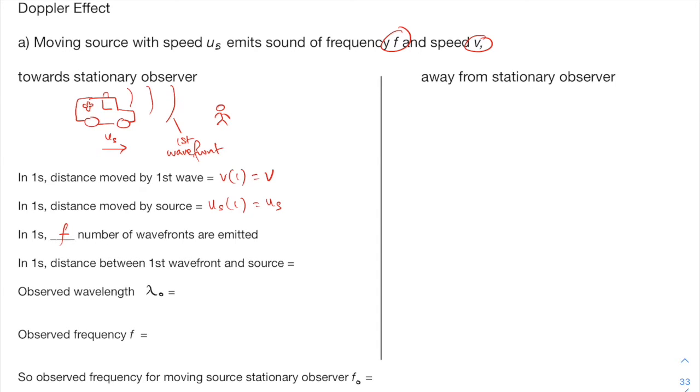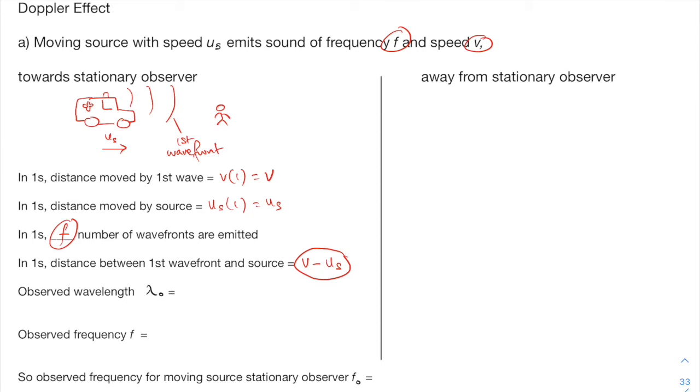And in 1 second, the distance between the first wavefront and the source: imagine the first wavefront is moving ahead, and the source, the ambulance in this case, is moving right behind. So the distance between the first wavefront and the source would have been v minus u subscript s in the first second. So therefore, the observed wavelength, lambda O, will be given by, imagine the distance that has to contain f number of wavefronts emitted would be v minus u subscript s.